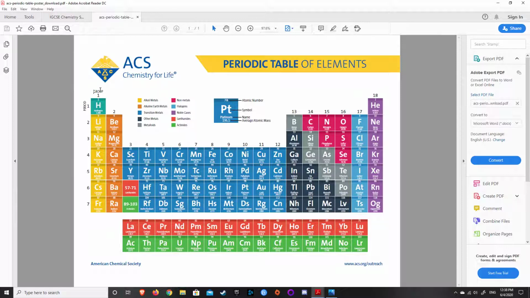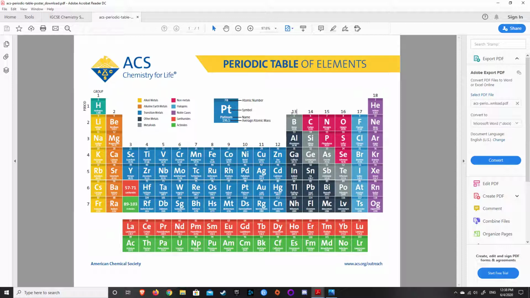The main groups are group 1, group 2, and 13 to 18. This is what we're studying right now in IGCSE Chemistry, main group chemistry, 1, 2, 13 to 18. That's why we call this group 3 in IGCSE Chemistry: it's main group 3, but it's actually group 13.